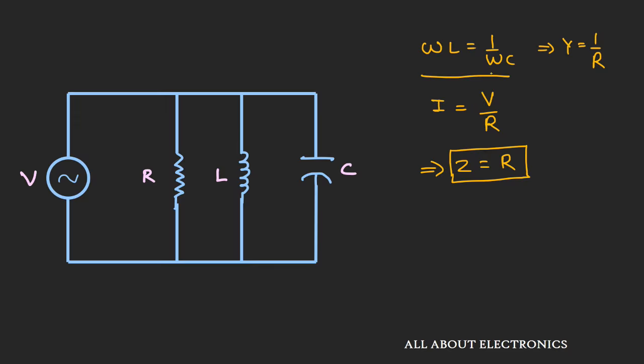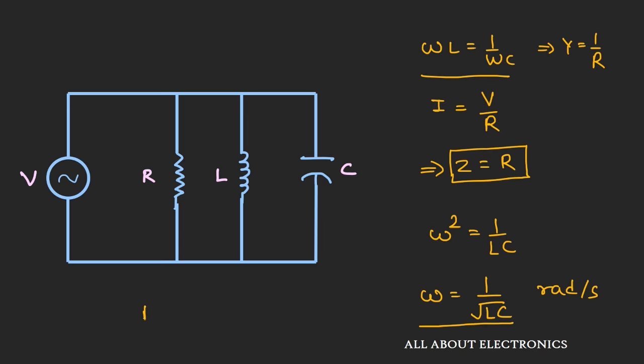So now let us find out the frequency at which this resonance is happening. As omega L is equal to 1 over omega C, we can write omega square is equal to 1 over LC, or omega is equal to 1 over under root LC. So this is the resonant frequency in radian per second at which this resonance is happening.